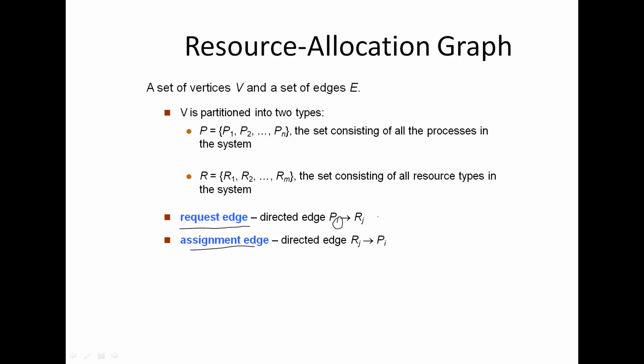This is called a request edge. Assignment edge means that the particular resource is allocated to the process. So resource Rj is allocated to the process Pi. This is called an assignment edge.